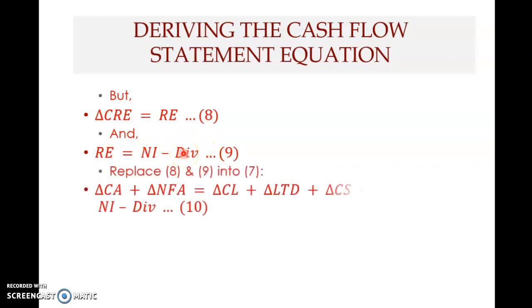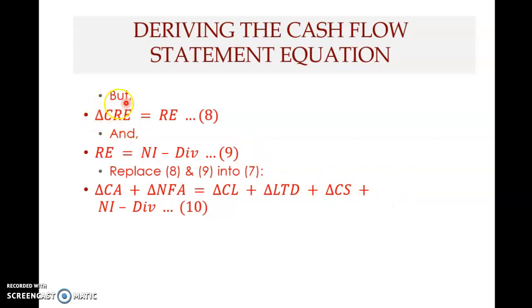Therefore we replace equations 8 and 9 into equation 7. Therefore we have the change in current assets plus the change in net fixed assets. This is the change in assets, which must be equal to the change in current liabilities plus the change in long-term debt, which is the change in liabilities here, plus the change in common stock, plus the change in cumulative retained earnings here.